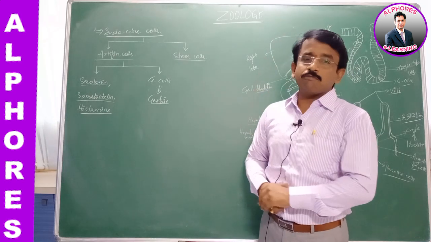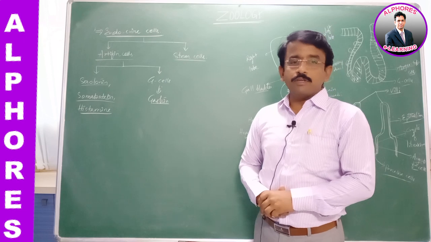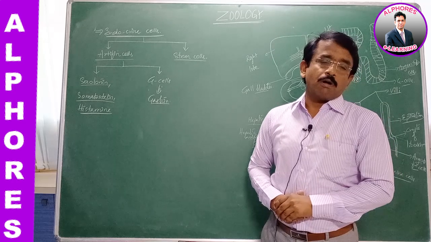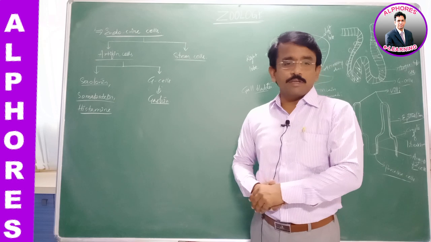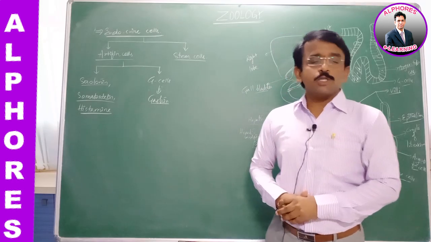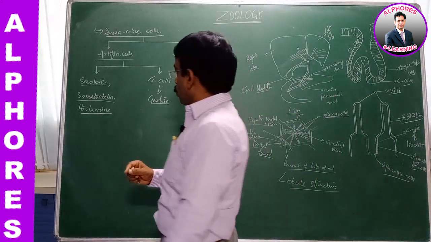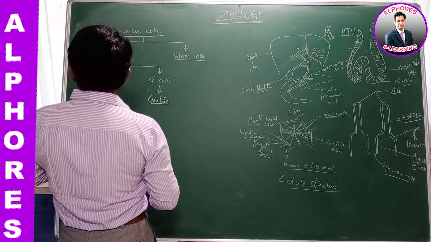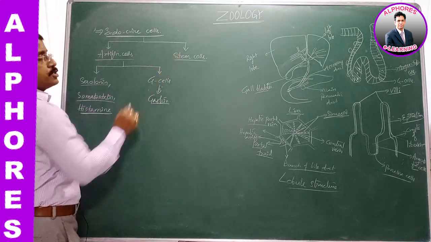The case with the nerve plexus we have seen, Auerbach's plexus and the submucosal plexus, which play a role in peristalsis and increasing secretion of the intestinal juice. In the same way, here also we see the hormonal action, involving endocrine cells, argentaffin cells and stem cells.